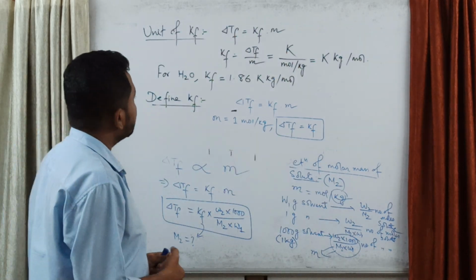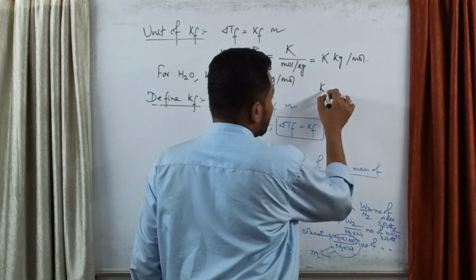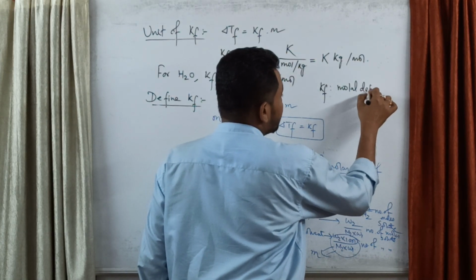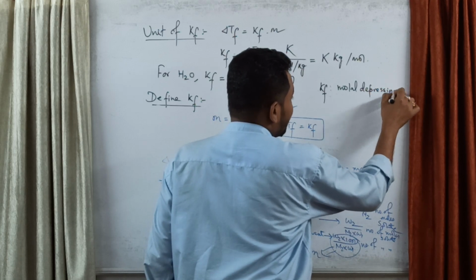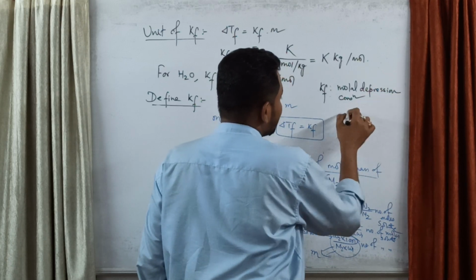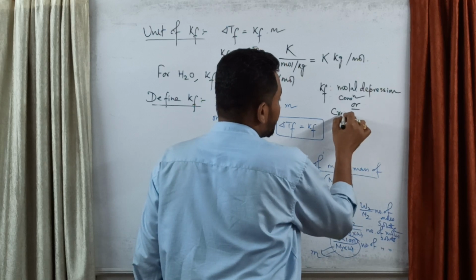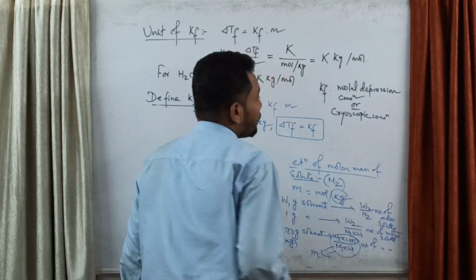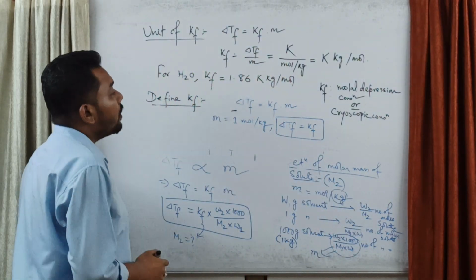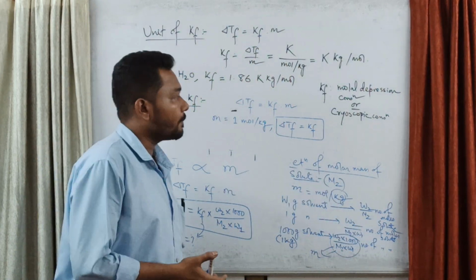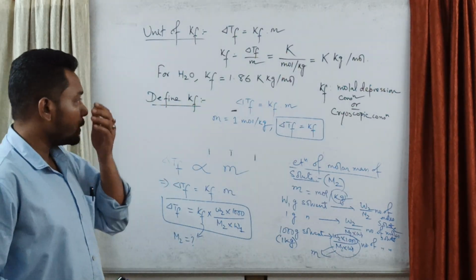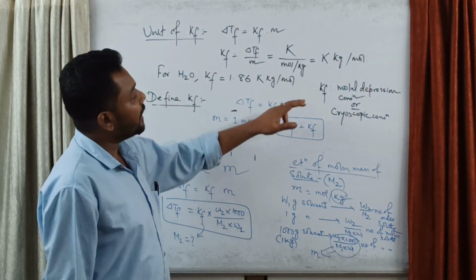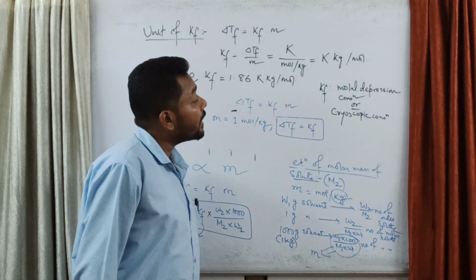KF এর একটা নাম আছে, KF is called molar depression constant or cryoscopic constant. দুটো নামই লিখে রেখে দাও। KV টা কি ছিল বলো তো? molar elevation constant or ebullioscopic constant, but KF is molar depression constant or cryoscopic constant.